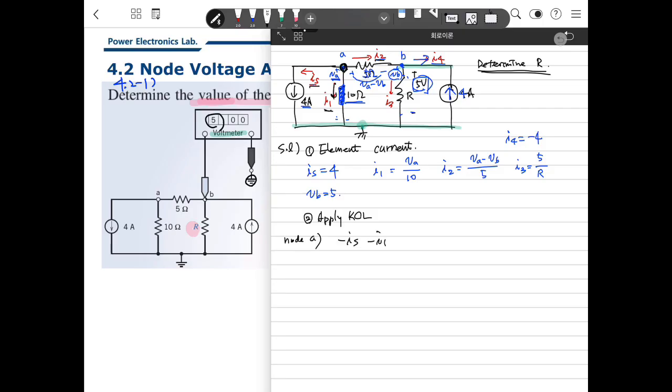And I2 is also going out of node A, so minus I2. It should be 0. So we insert IS, I1, and I2 here. Then we can calculate: minus 4 minus VA over 10 minus (VA minus VB) over 5 is 0. That is equation 1.